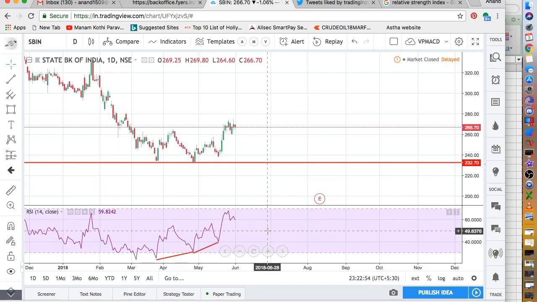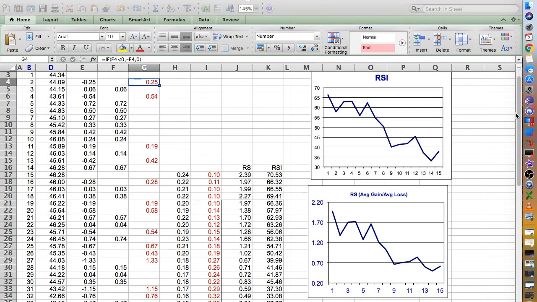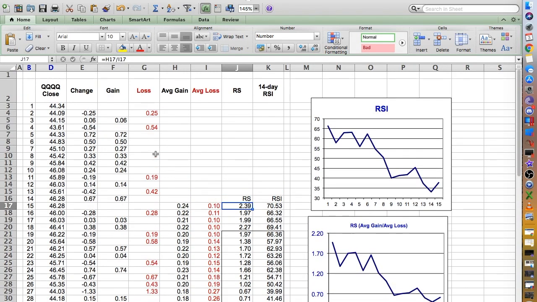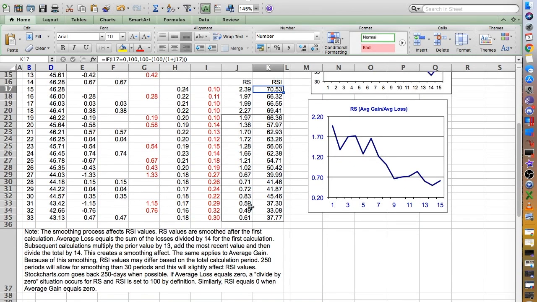But that's exactly how RSI works, and that's what I wanted to educate all of you in terms of understanding how it does an average of the R and S, which is typically the gains and losses, and then it divides and gets a value, and then there is an index formula which is trying to get it into a percentage value, so that the values don't run into negatives which we will not be able to understand.